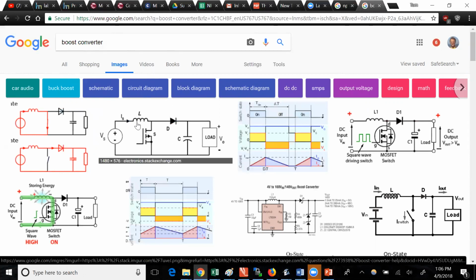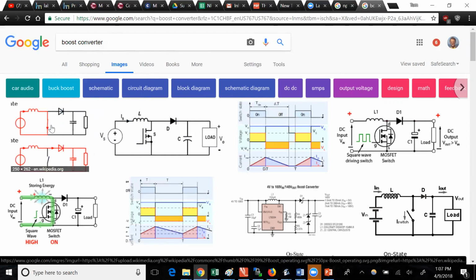So you have an inductor and a capacitor, and suppose your voltage source is only 5 volts, but you want to somehow get 12 volts to your load. What could you actually do? Well, we have a switch here, which is implemented with a transistor.